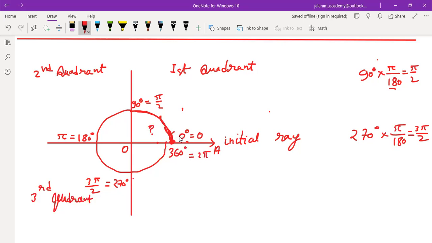All the angles lying between 90 degree to 180 degree and coterminal angles to them are said to be lying in the second quadrant, and all the angles between 180 degree to 270 degree and their coterminal angles, that is pi to 3 pi by 2, will lie in the third quadrant, and all the angles which lie between 270 degree to 360 degree, or 3 pi by 2 to 2 pi, will lie in the fourth quadrant.